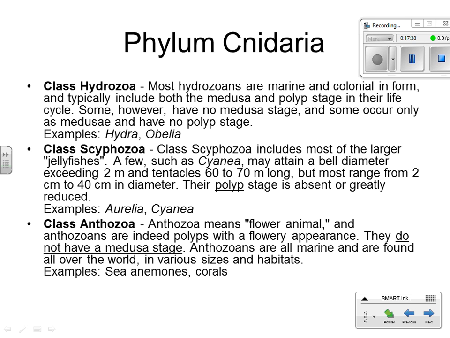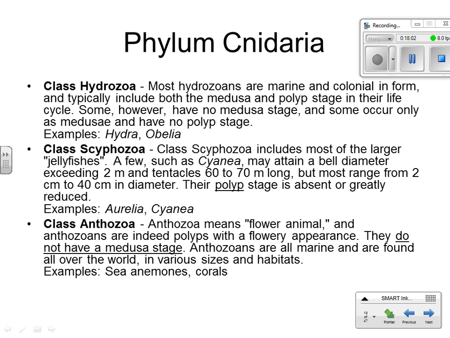All right, there's 3 main classes. You know, the way the classification system goes, what's the biggest group in the classification system? You know, there's one bigger than kingdom. Domain, then kingdom, then phylum, which is what we're talking about right now, phylum Cnidaria, and then class.